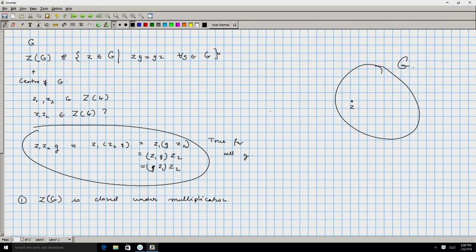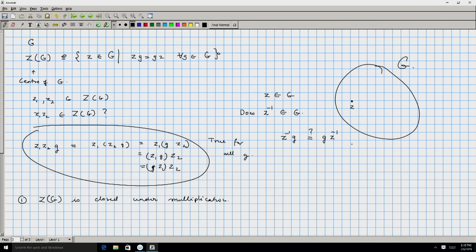So, let us ask another question, what about z inverse? Okay. So, z belongs to Z(G), does z inverse also belong to Z(G)? Now, this would mean z inverse g is equal to g z inverse, this is what we need to prove.